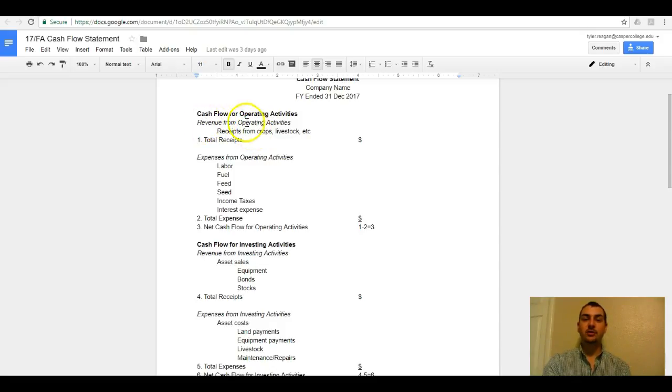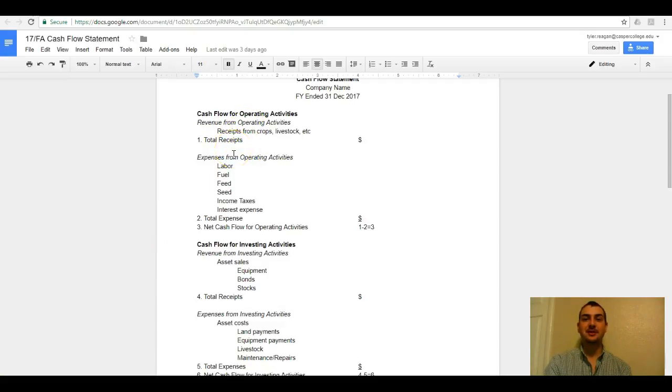So it's revenue associated with the normal products that you are actually selling. You plug in those receipts from the crops or the livestock, or all of your receipts from these normal income producing enterprises, and then you add all of those up to come up with the total receipts.